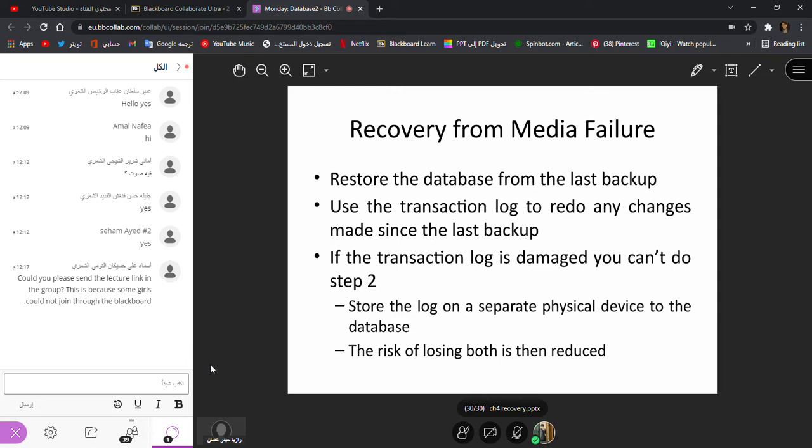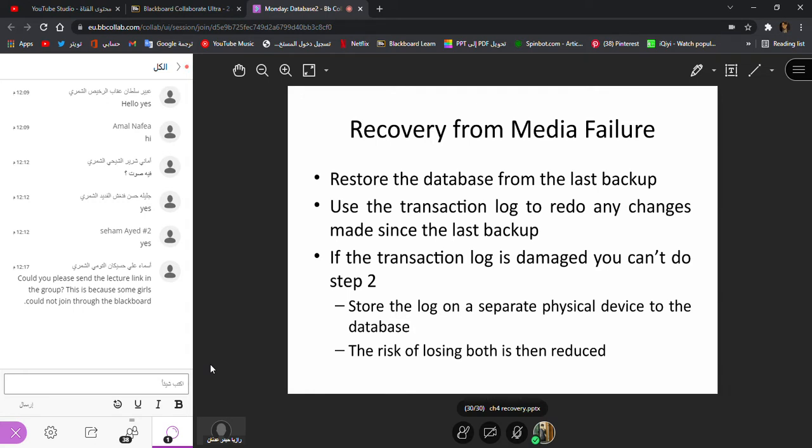They are saying there are two possibilities. If you have stored your transaction log on secondary storage in the form of a backup, then use it to apply the changes. But in case you also lost your transaction log, then you have to use the log which is placed on the backup, right? If there is a media failure and you have only lost your database, and the log is still safe on your primary storage, you can use that.